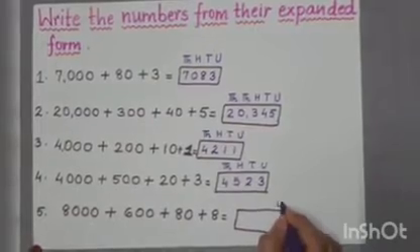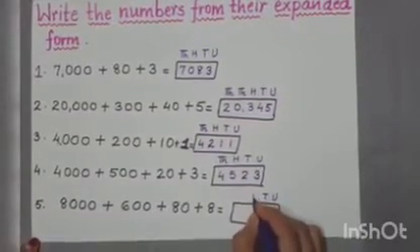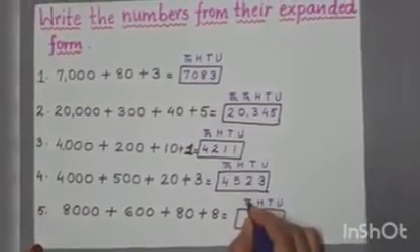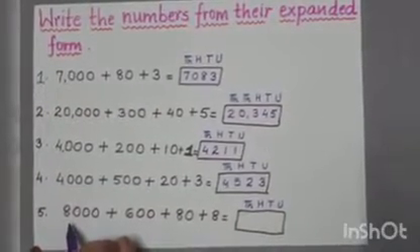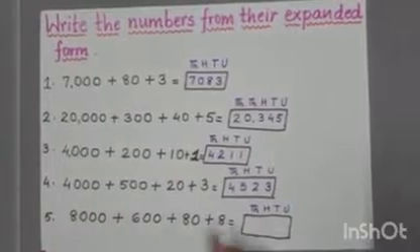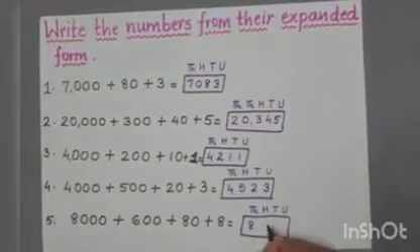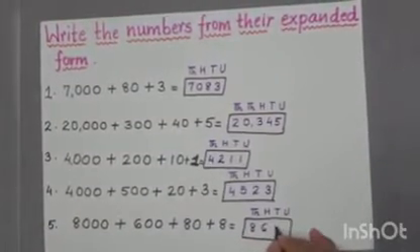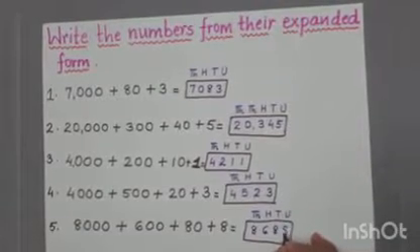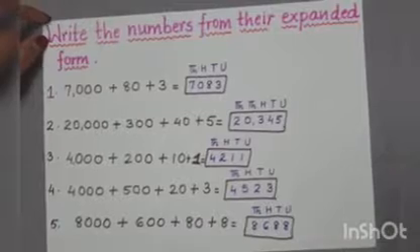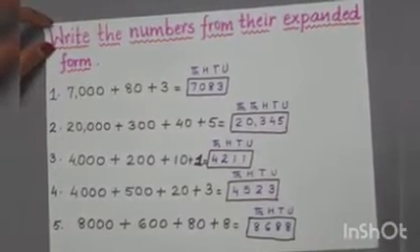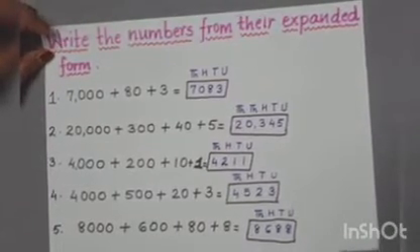So let's write unit, tens, hundred and thousand. Let's see 8,000 is in which position? In thousands place. So let's write 8, then 6, then 8 and 8. So have you understood this, children, how to do expanded form and how to write numbers from the expanded form?